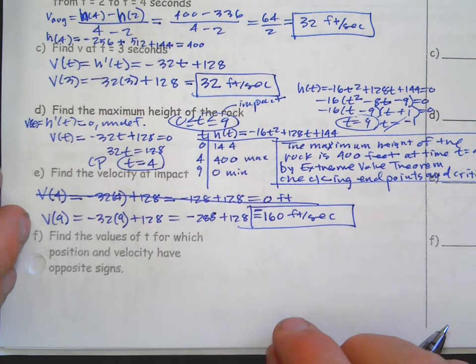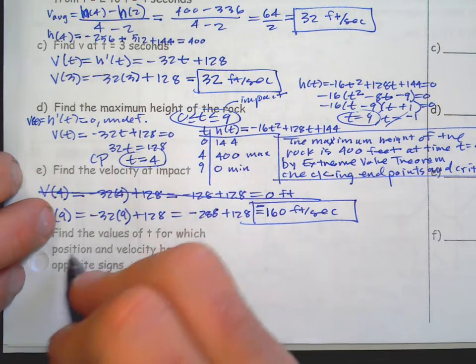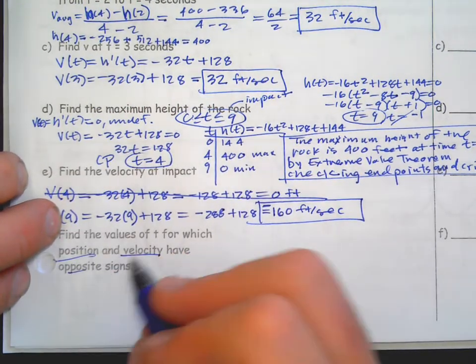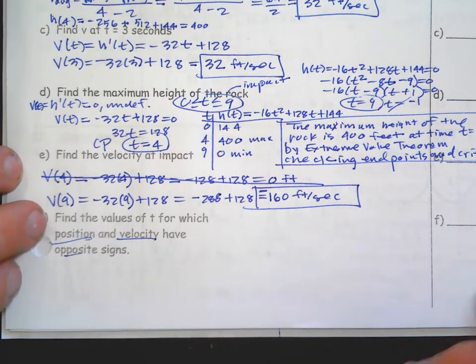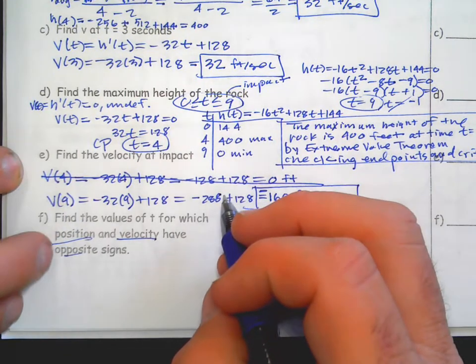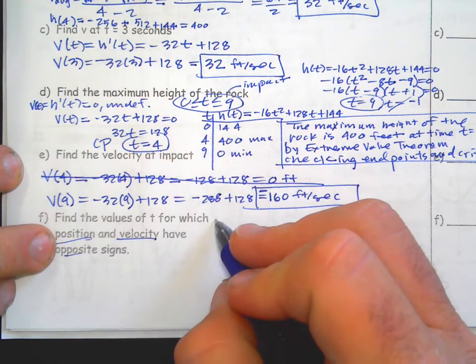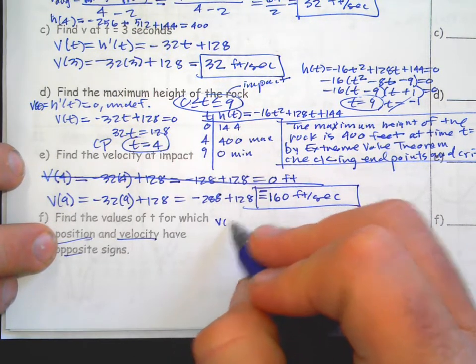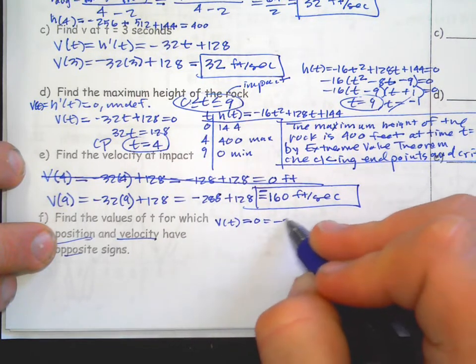Find all the values of t for which the position and velocity have opposite signs. So what would be really good here is to just do some line checks right above and below each other, because then I think that would make it easy. So if we already found position equals 0, right? And velocity, we already found when velocity equals 0 too, right?